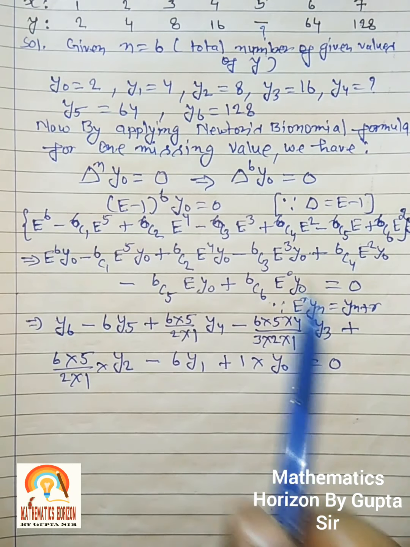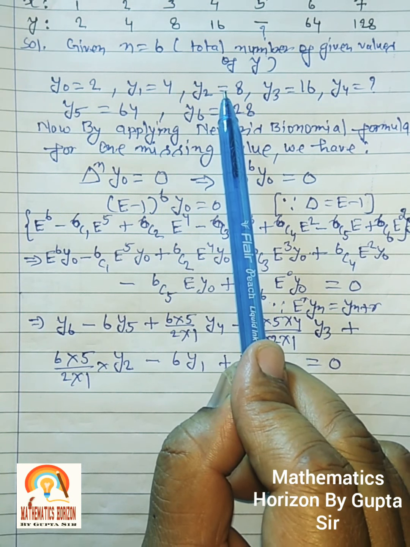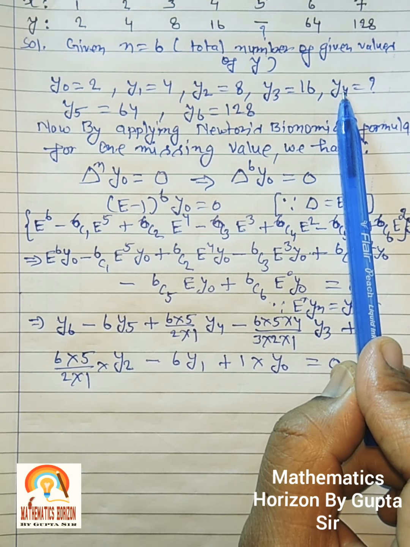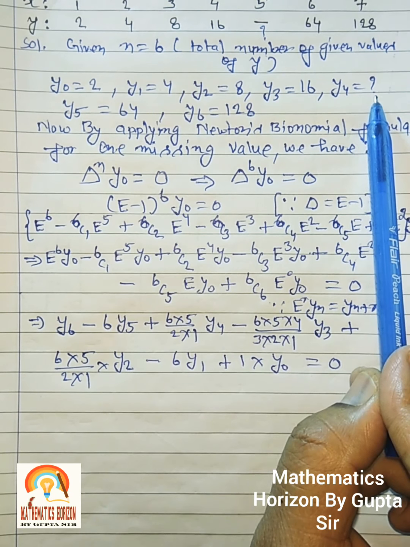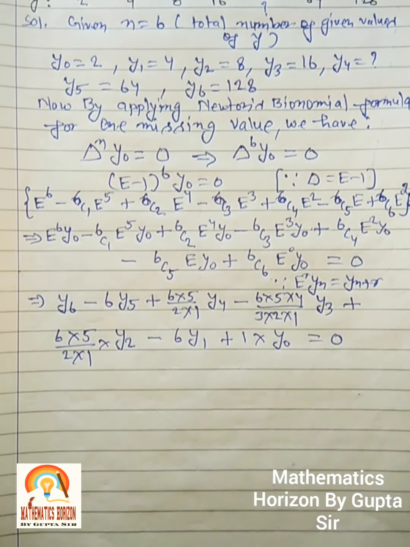Now substituting all these values: y0 equal to 2, y1 is equal to 4, y2 is equal to 8, y3 is 16, y4 is the missing value we have to find out, y5 is 64 and y6 is 128.